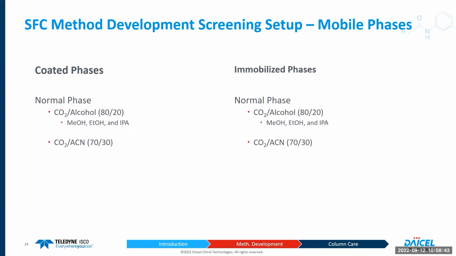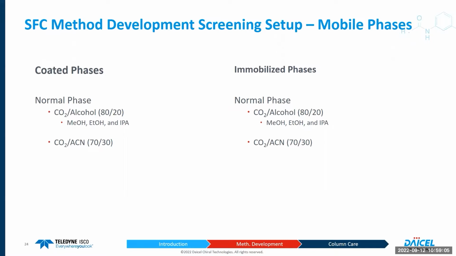If we're finding that the compound is coming off the column too quickly, we can make those adjustments before we commit to an entire screening. And of course, if the retention's too long, same thing, we can increase the amount of alcohol and make sure that we're not spending too much time doing our screening. So make that single injection, do that retention check, and then make the adjustment as need be.